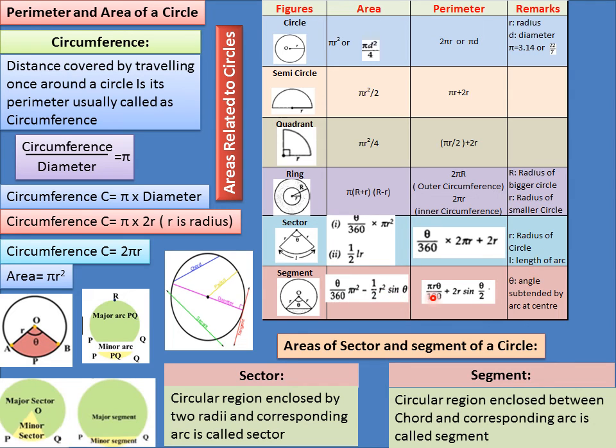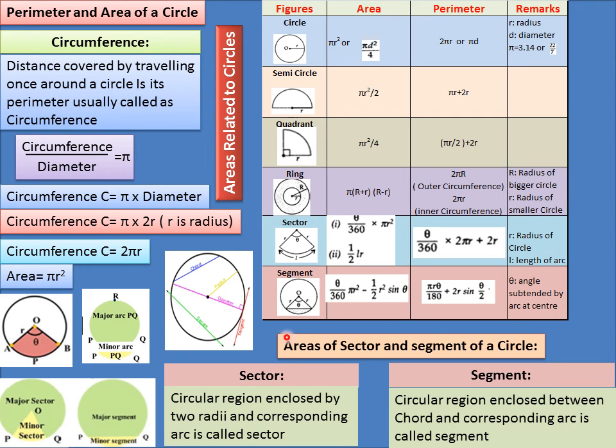Then to find the perimeter, we need to know the arc length. So that is pi r theta by 180 plus 2r into sin theta by 2, the perimeter.